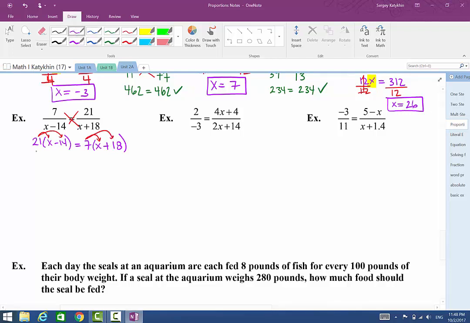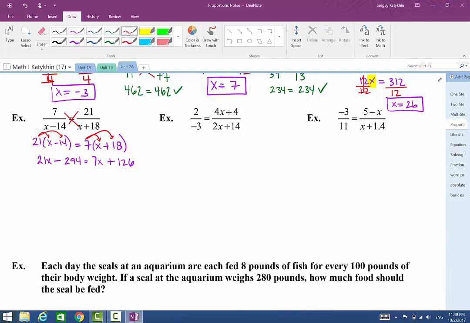So when I do that, I get 21 times x, which is 21x, minus, well, negative 14 times 21 will give us negative 294. 7 times x will give us 7x. And since we have positive 18 times 7, we get positive 126.